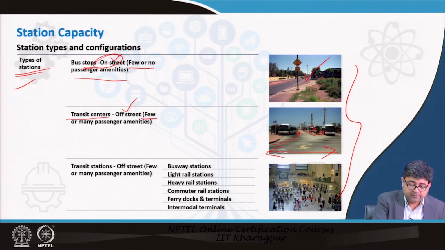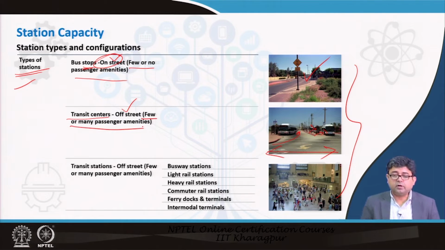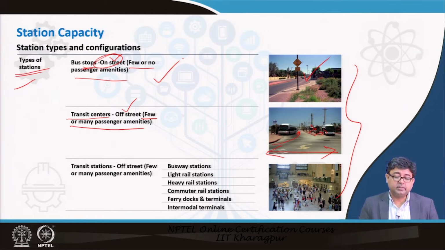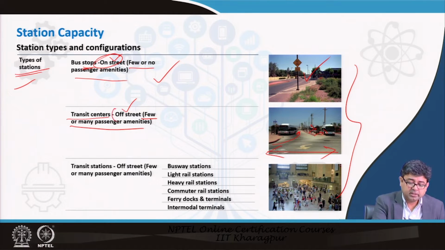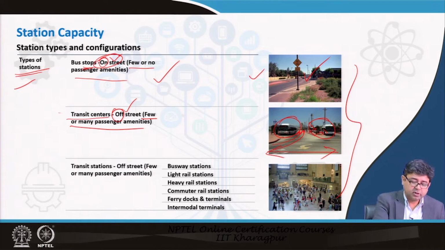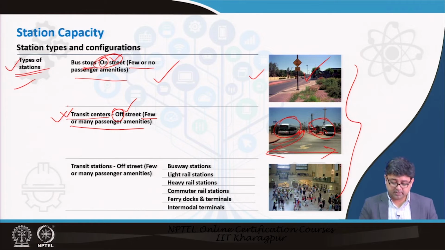They may have few or many passenger amenities, but usually a little bit more than what a bus stop has. The other thing to remember is they are off street, as opposed to bus stops which are on the street itself. Hence the number of buses that can be accommodated at these transit centers is a little bit higher. So, these may be termed transit centers.